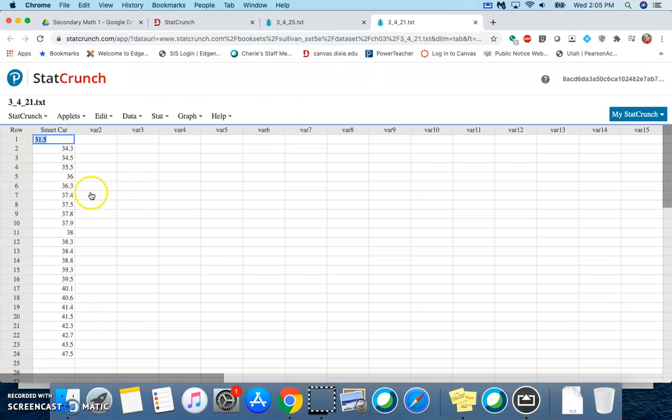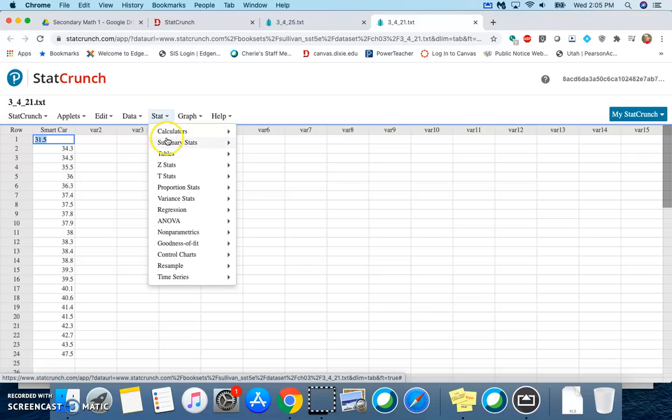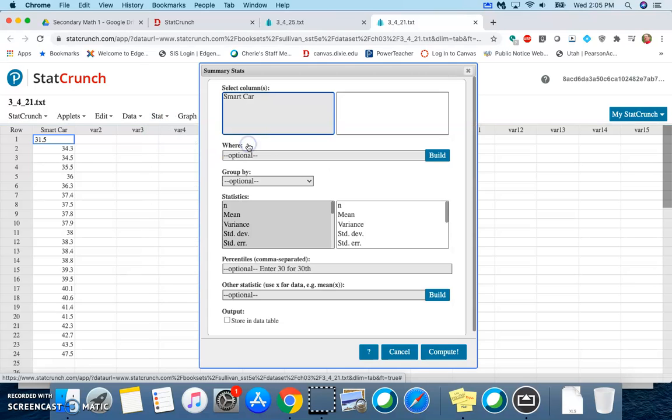Okay, so now we've got the data into StatCrunch here, and I'm going to go into Stat, Summary Stats, by Columns. I need to select the smart car column, and again, we've done this before where we get the mean, the standard deviation, all those awesome things. If you scroll down, you'll see that Q1 and Q3 are also highlighted, and here's the IQR. You're going to have to highlight this one on your own.